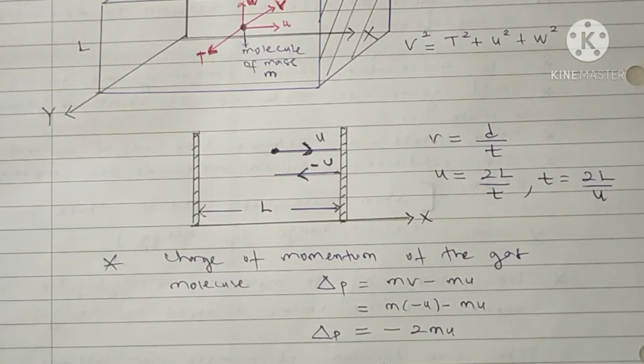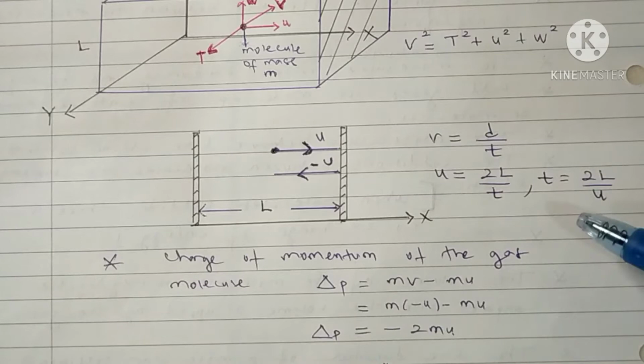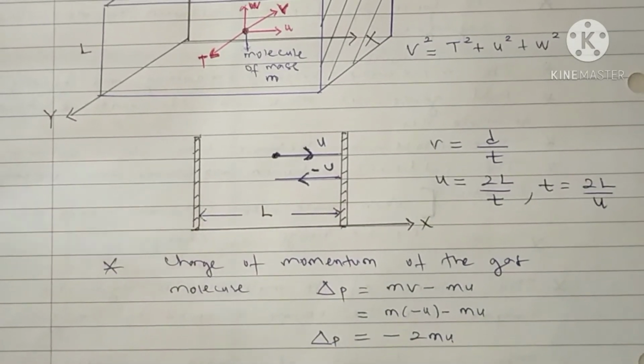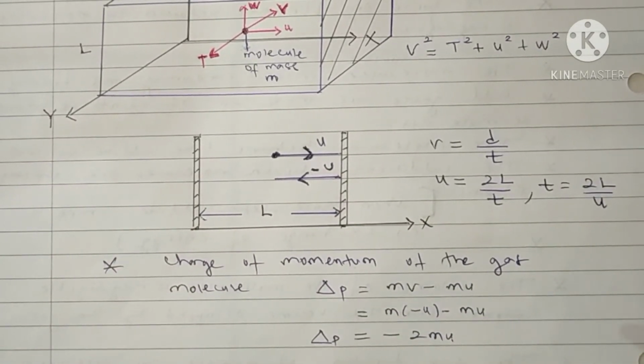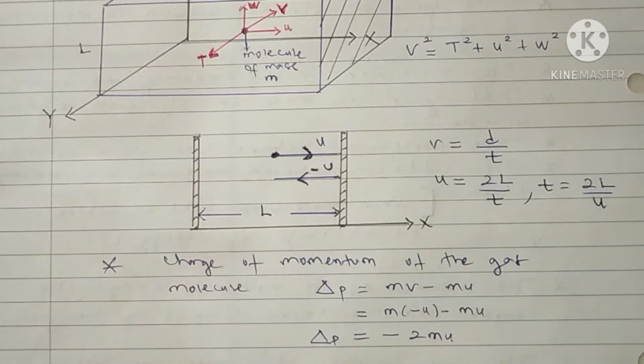By assuming there is no collision between molecules, the time interval between the collision of the molecule with the wall x and the next collision with the same wall is t equals 2L over u.